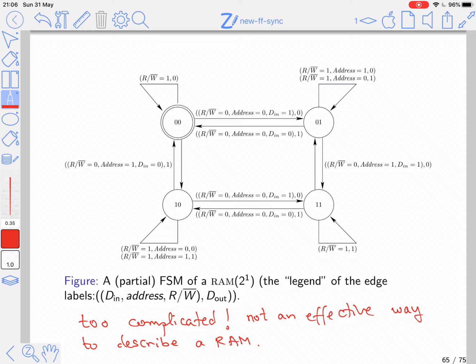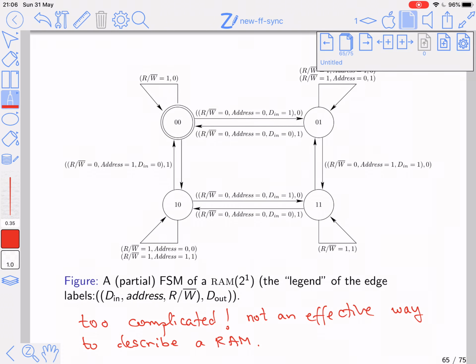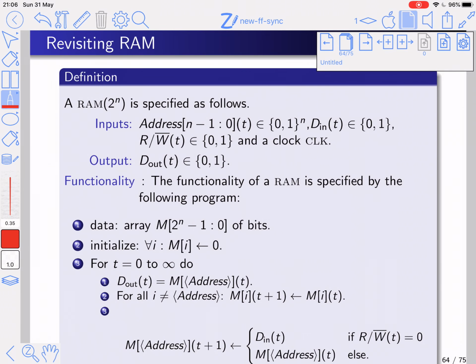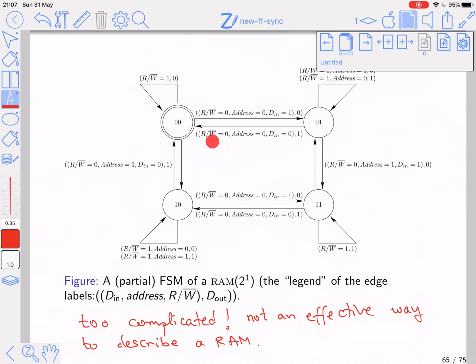The RAM has too many states, and we cannot follow it. So if our address space is n bits, then we will have 2 to the n different states, and this becomes a complete disaster, not effective.